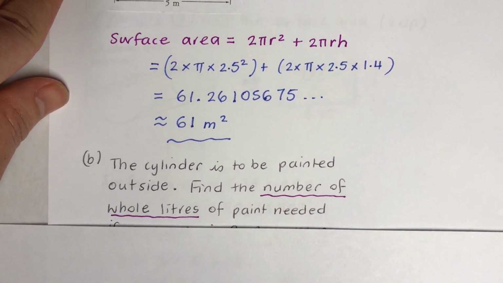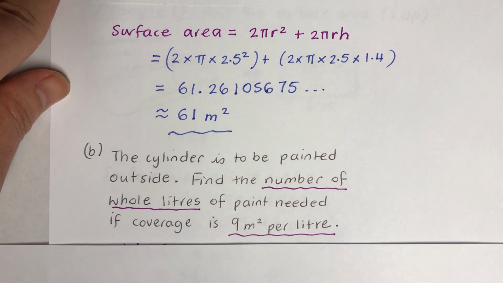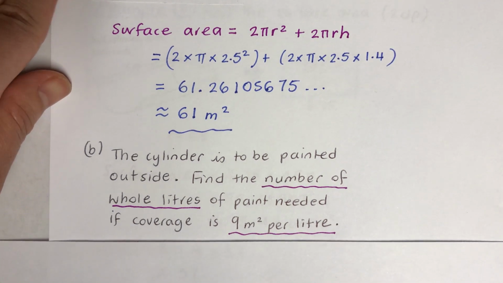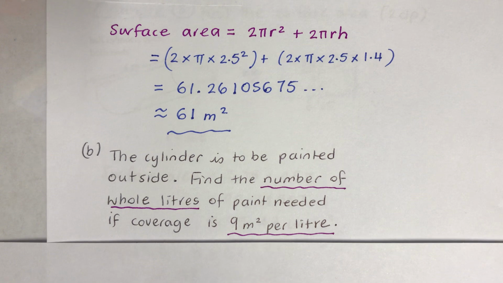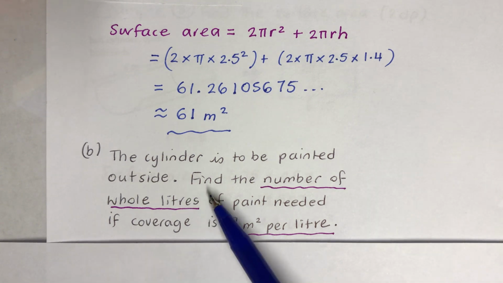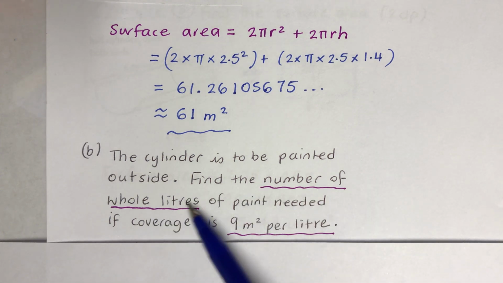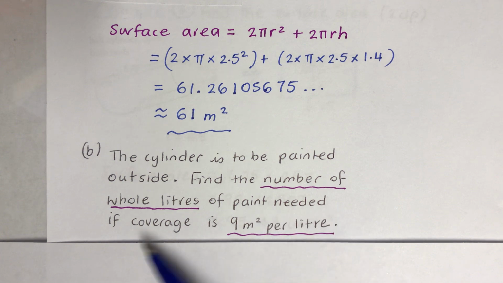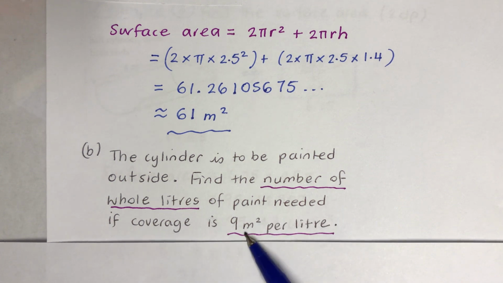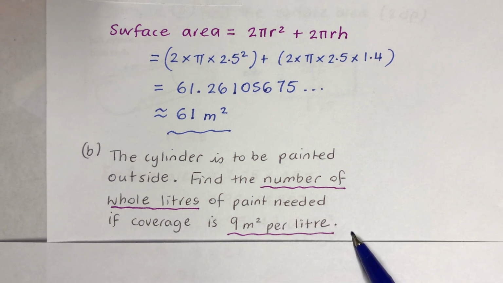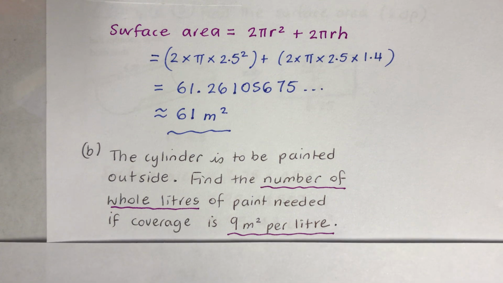Part B is an apply question. The cylinder is to be painted outside. Find the number of whole liters of paint needed if coverage is 9 meters squared per liter. So each 1 liter you can paint 9 meters squared of area, and we got 61 meters squared.